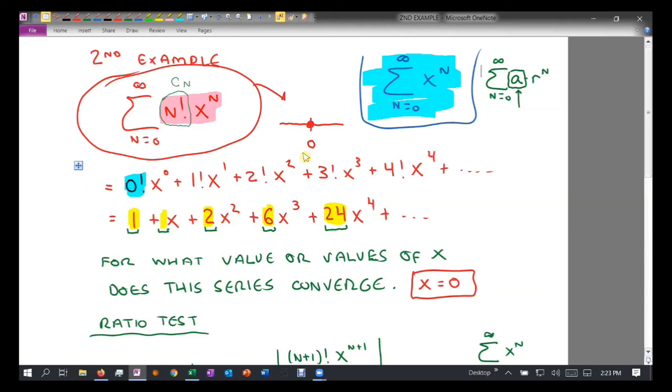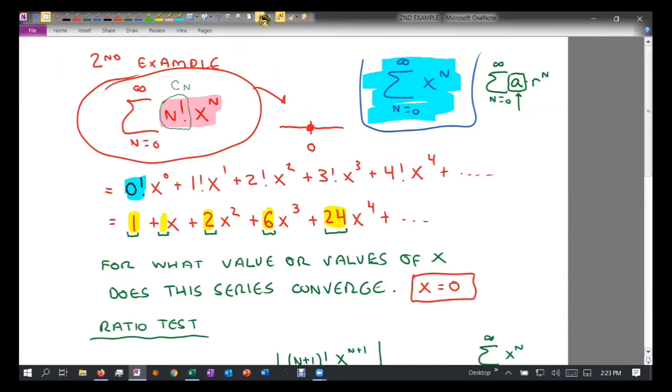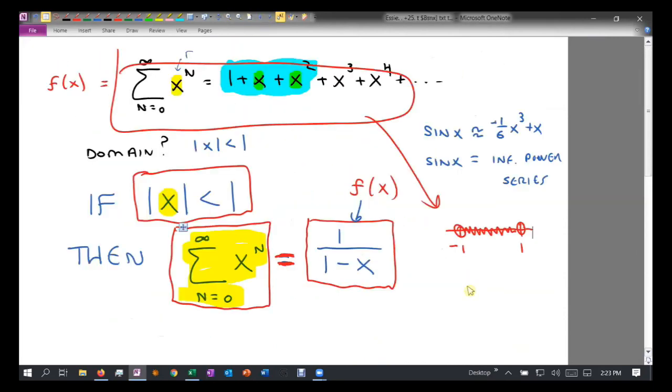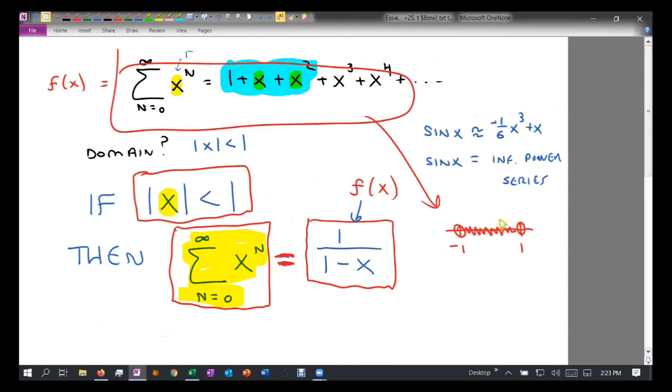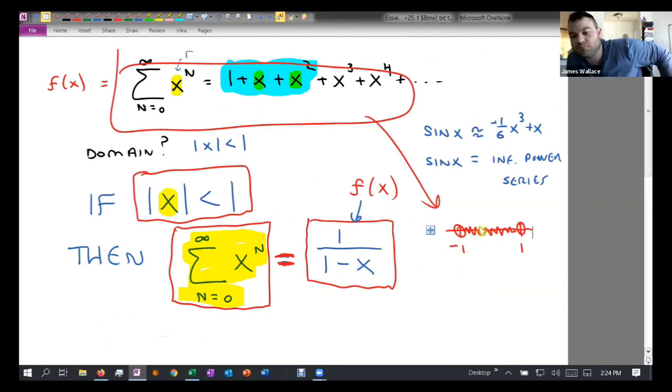In the other example, the domain was not a single point, but what do we call negative 1 to 1? You could look at it as an inequality, but on the number line, this is just an interval, isn't it?